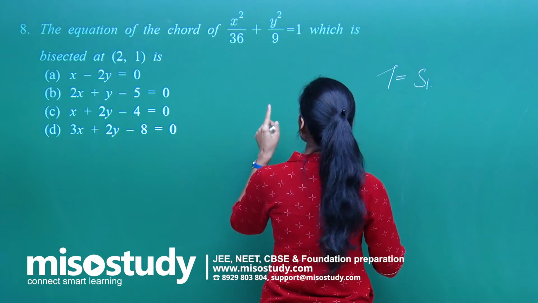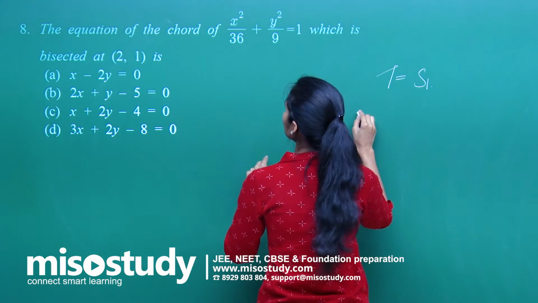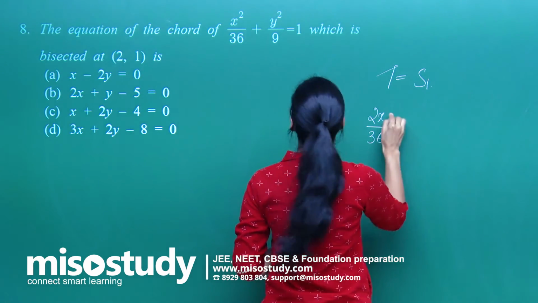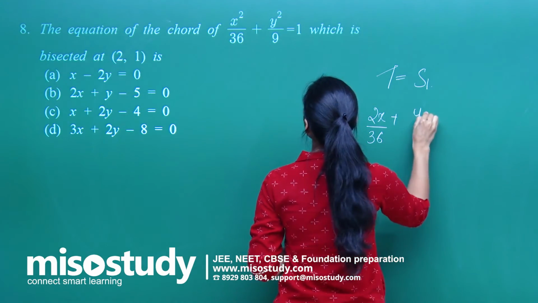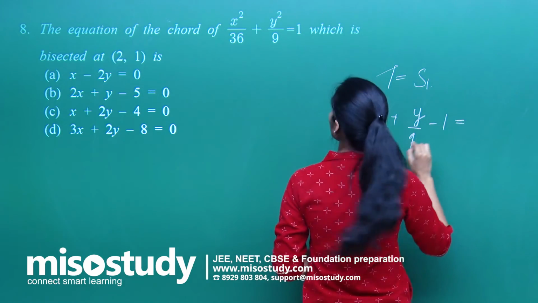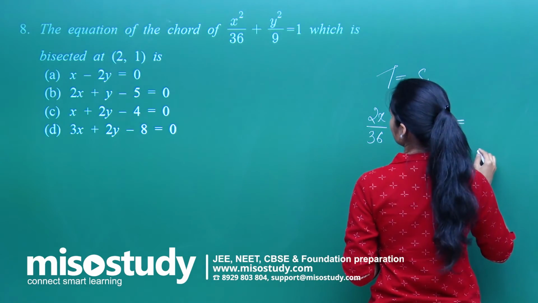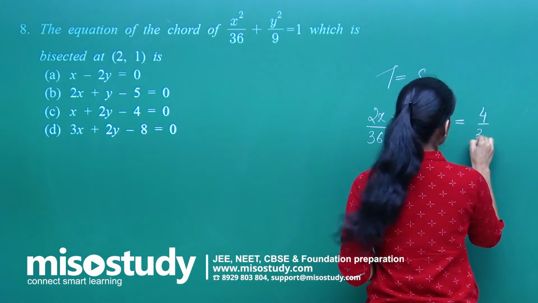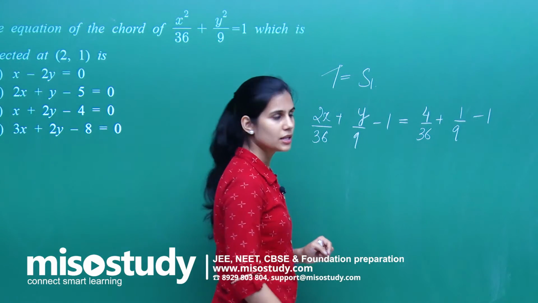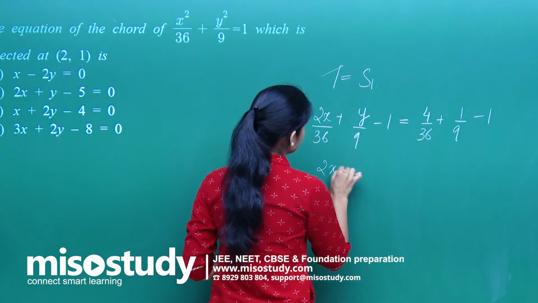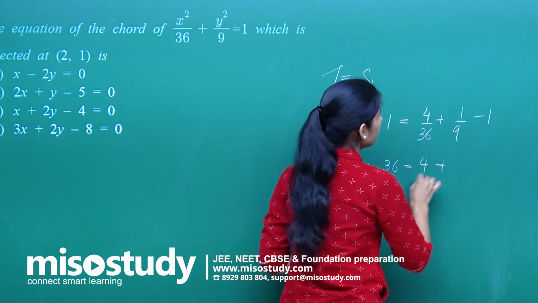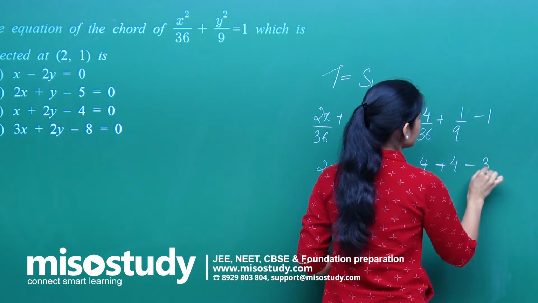So x into x1, where x1 is 2 and y1 is 1: 2x by 36 plus y into 1, y by 9, minus 1 equals 2 square by 36 plus 1 square by 9 minus 1.